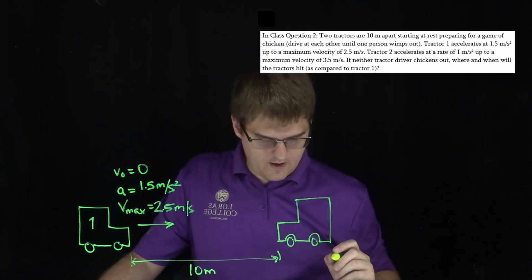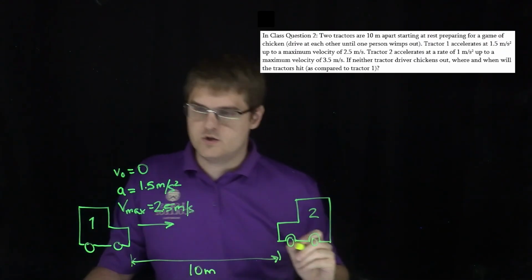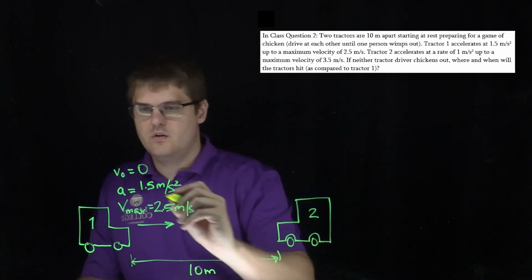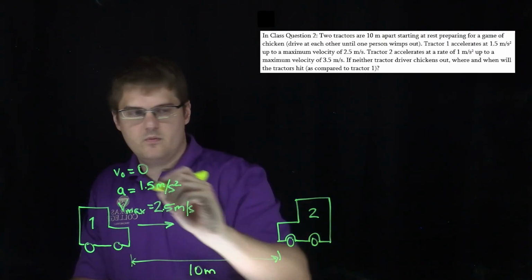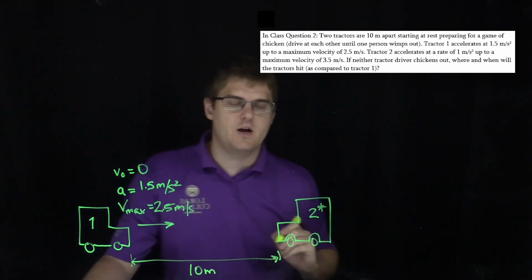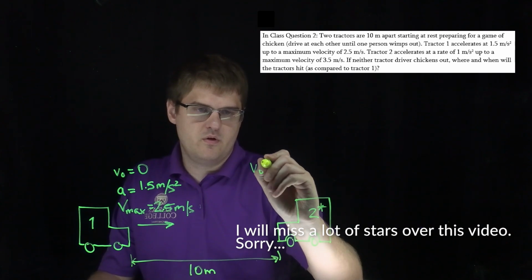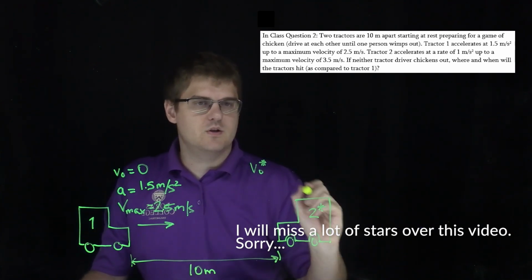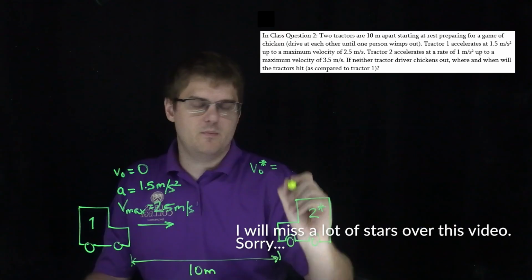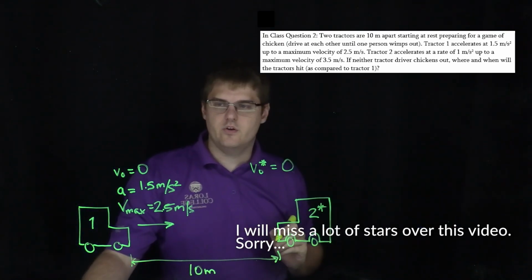And then I have tractor 2, which we're going to call all the 2's, we're going to put stars in front of them just to keep track of them. Initial velocity of tractor 2, I'm just going to put a star so that I don't have to worry about a bunch of subscripts, is going to be equal to 0 still.